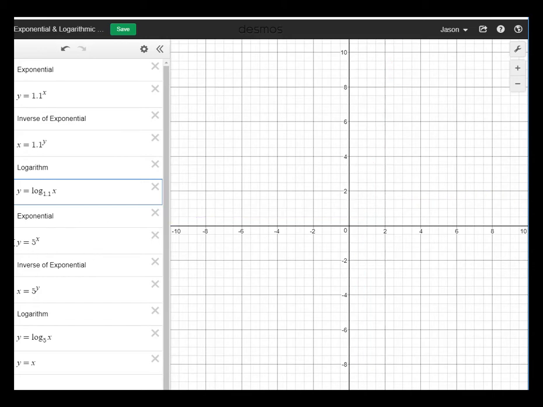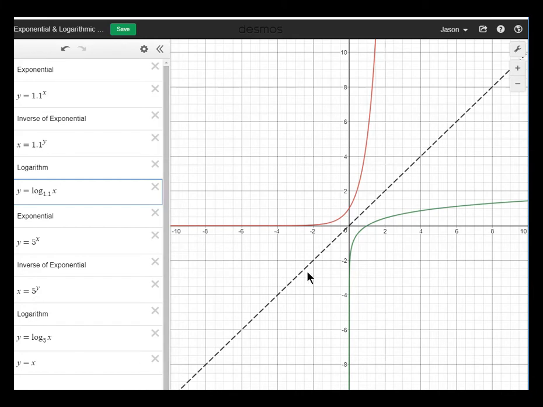Here's the next one. My exponential function is y equals 5 to the x. There it is graphed. The inverse of that, I interchange x and y. I'll go ahead and put in my line of symmetry. There's my line of symmetry. They're symmetric about that. But I can retype x equals 5 to the y power as a logarithm.